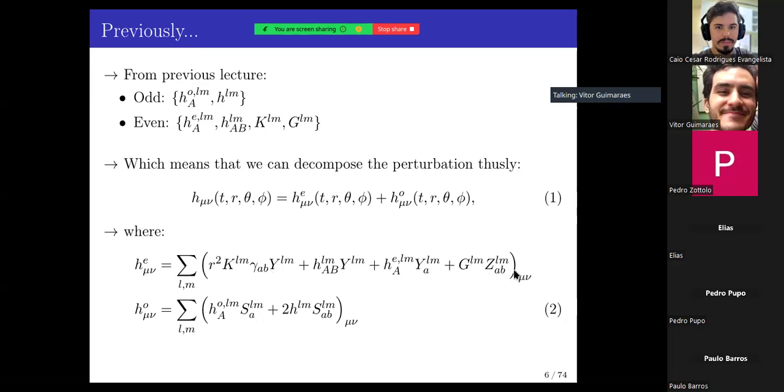Then we have the odd part, which is constructed from the odd functions. Here we have an odd vector spherical tensor, and here an odd spherical tensor as well, a (0,1) tensor and a (0,2) tensor. And here we have the odd functions.